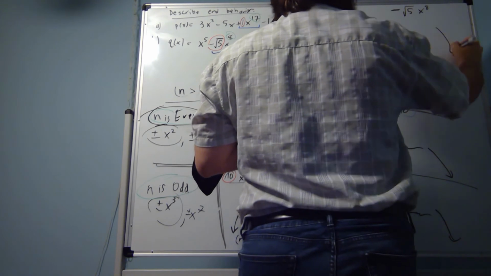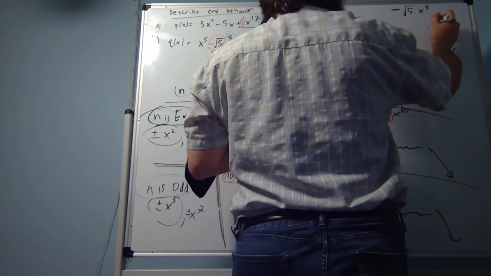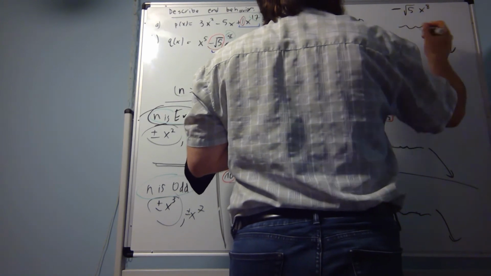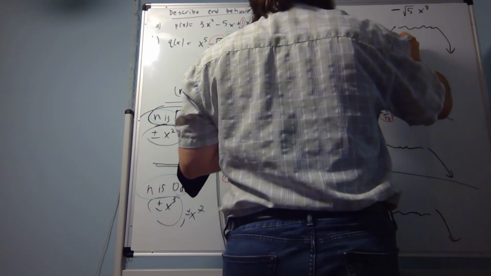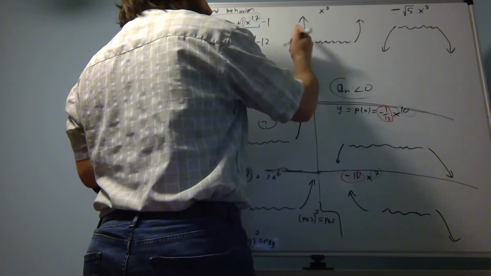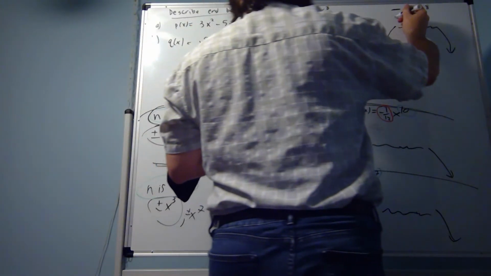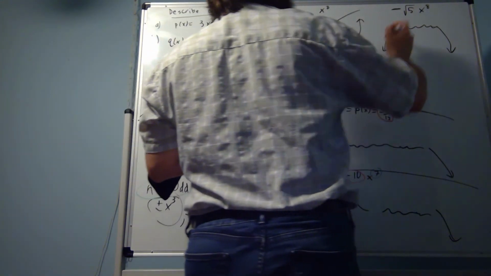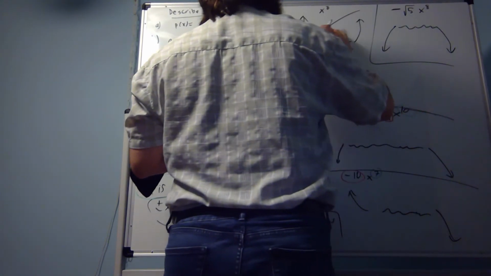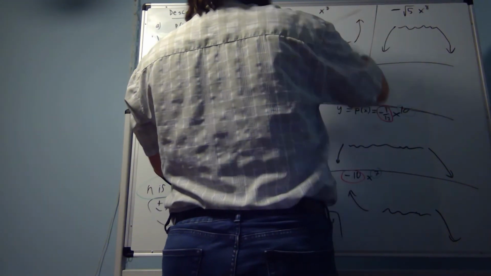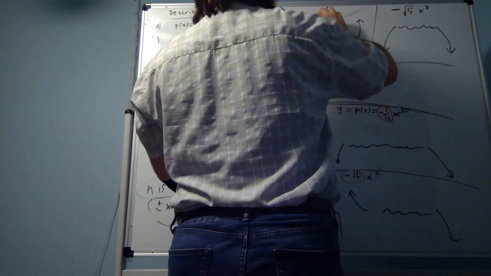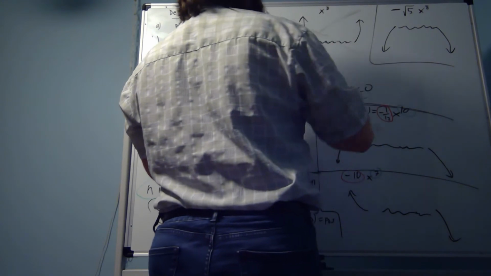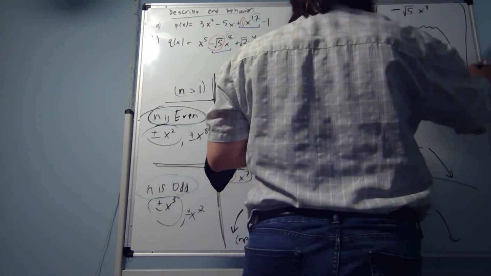So that's one additional minus sign, which means this up changes to a down. x to the 8th behaves like this, but that's not what we have.